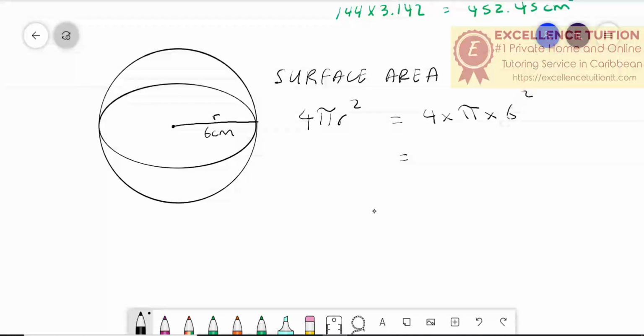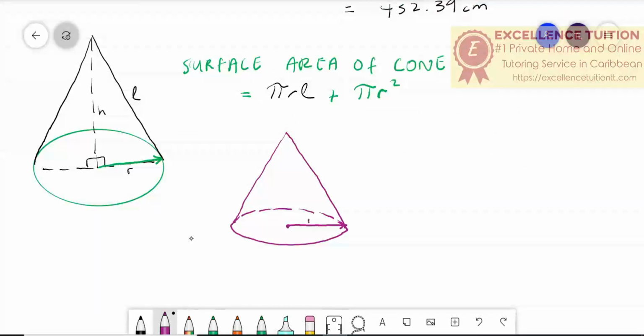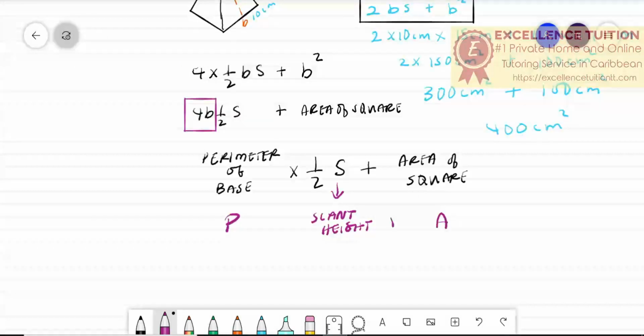Right? So we'll have 6 is 36 times 4. It's 4 times 36 times pi. Right? And remember this 36 is going to have this radius here to be equal to 6 centimeters. Going to have this length here to be equal to 18 centimeters. And the area of the square could just be given, maybe a like that.